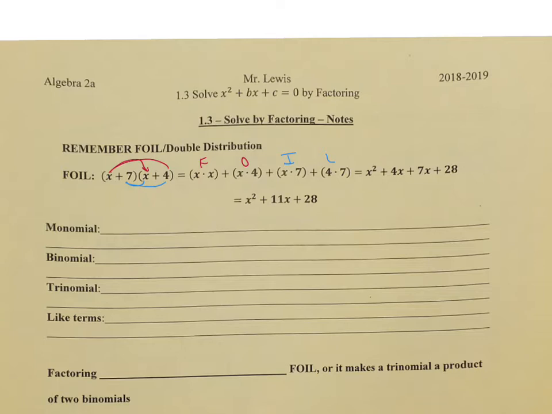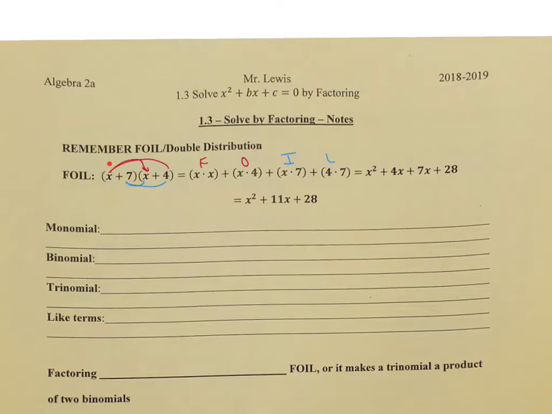So FOIL takes two sets of parentheses, makes the parentheses go away, and combines like terms and turns two binomials into one trinomial. All right, that's what happens here. X goes to X. So like I said, I think of it as distributive property. X goes to X gives me X squared.